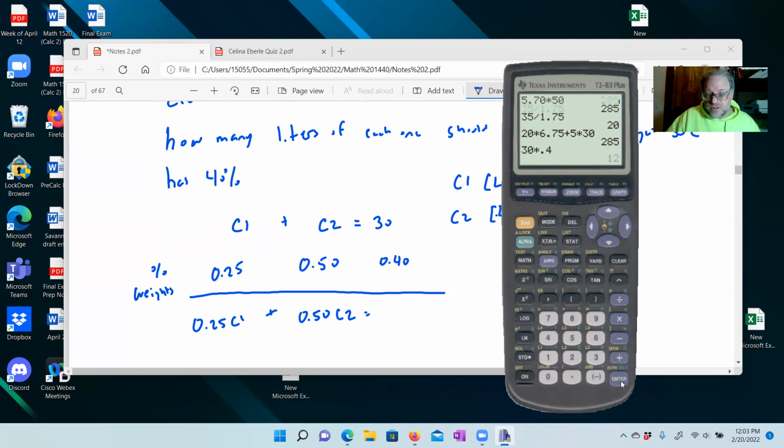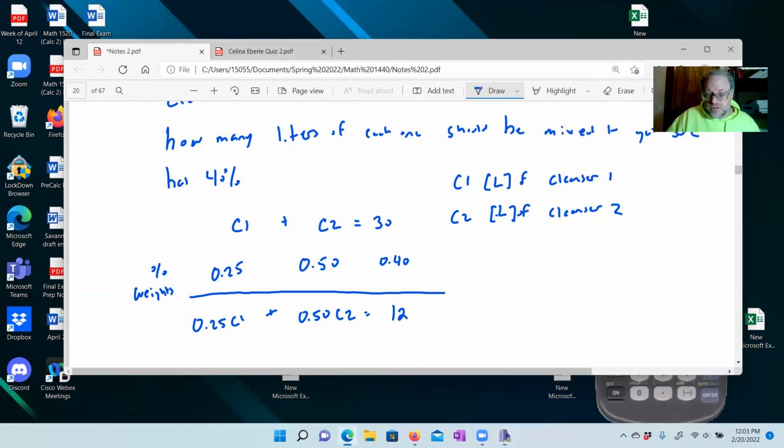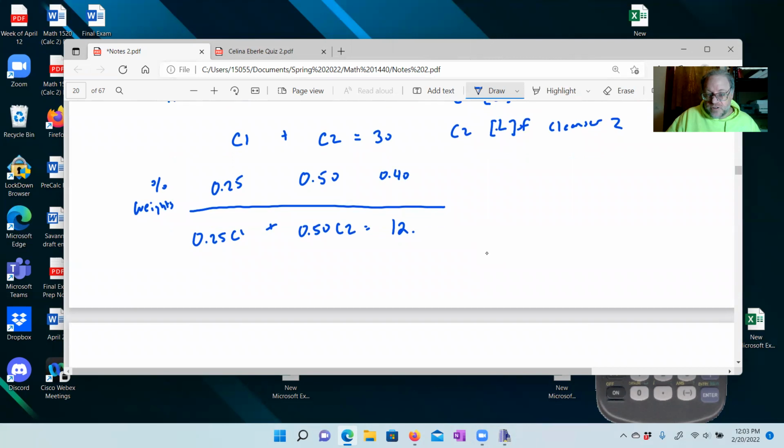There we go, 12. Whatever I said, I'm glad I checked. So our two equations are C1 plus C2 is equal to 30, and 0.25 C1 plus 0.50 C2 is equal to 12.